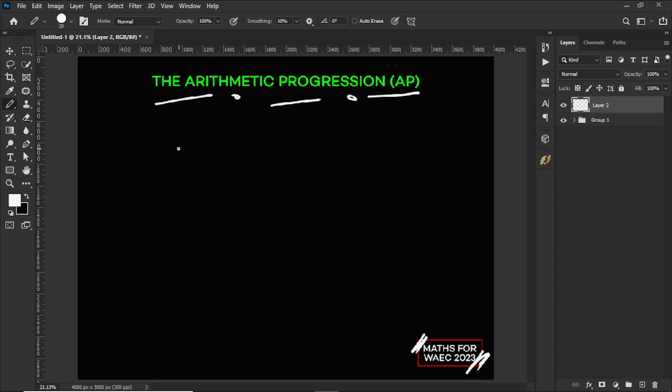An arithmetic progression, also known as linear sequence, is a sequence in which the increase or decrease between any two consecutive terms is the same throughout.